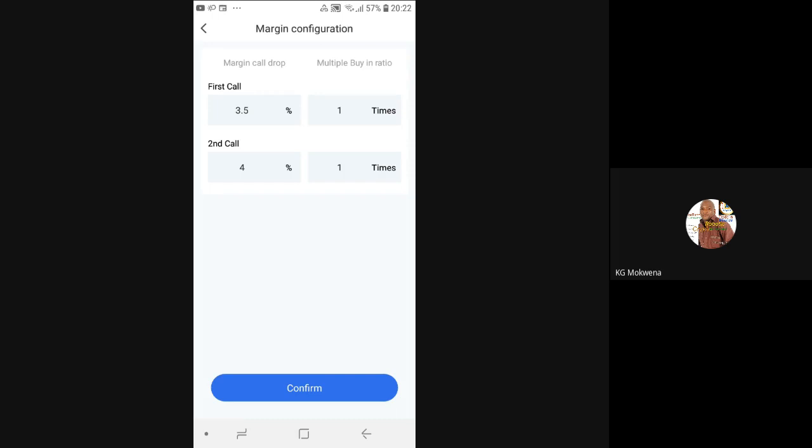It means our parameters are giving an instruction to the robot to say, once a 3.5% dip has been achieved, put more money into this, which is going to be $12 times 1, so $12. If we wanted to put $24 for the first call, we would put 2 here, then it would be $12 times 2, which gives us $24.